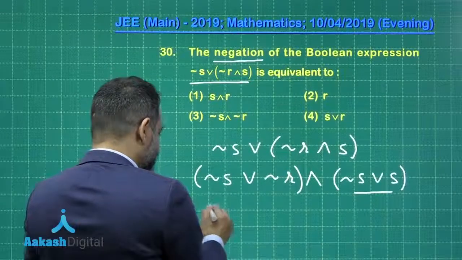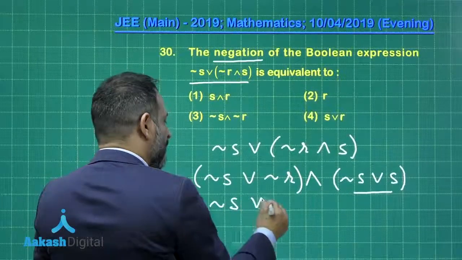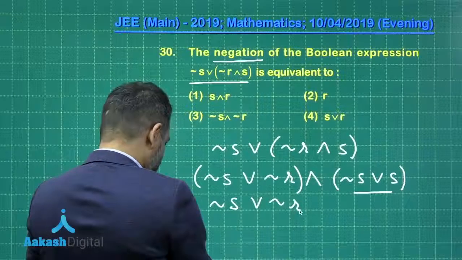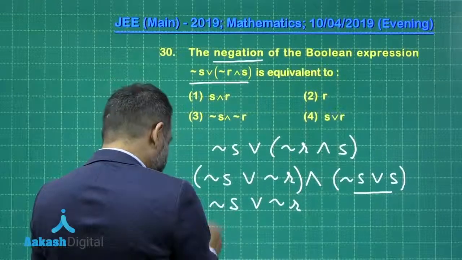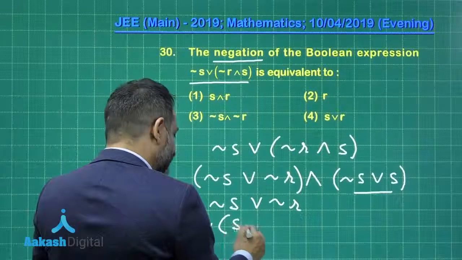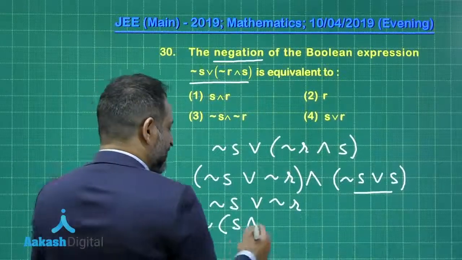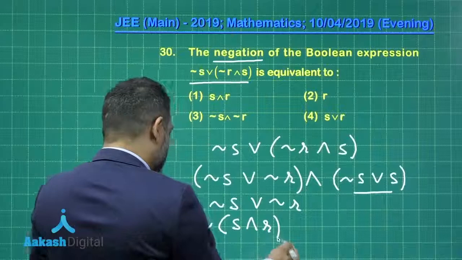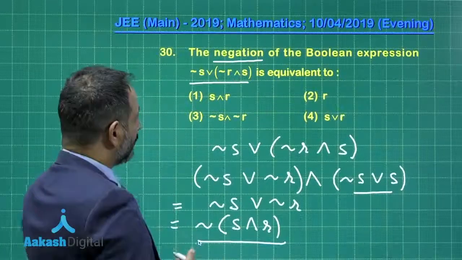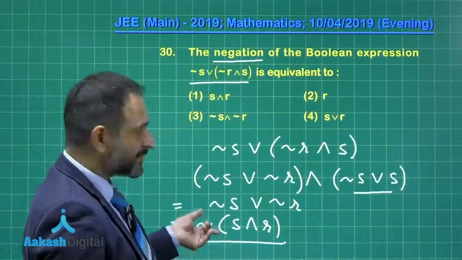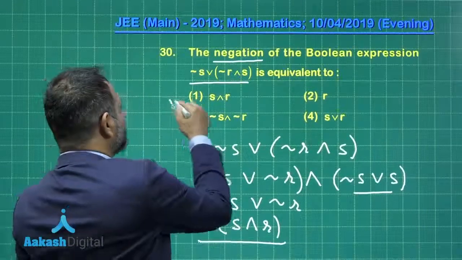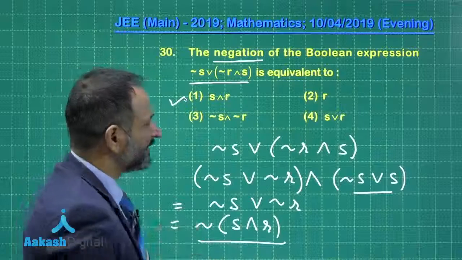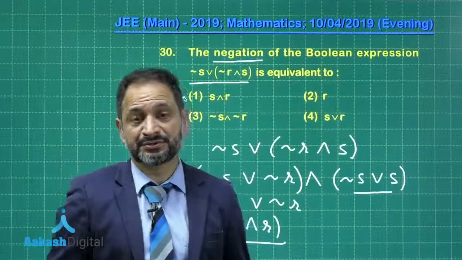So this is equal to negation S or negation R. Again, if we take this negation sign outside, we know this will be S and R. Now if we are going to see the negation of this, you can clearly see the negation of this will be the first option. So again a very easy question to crack.